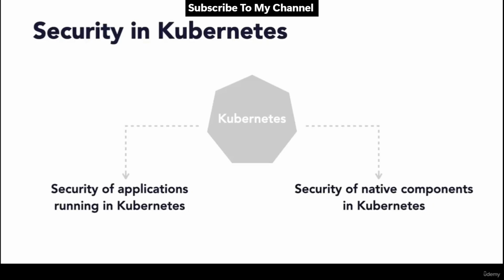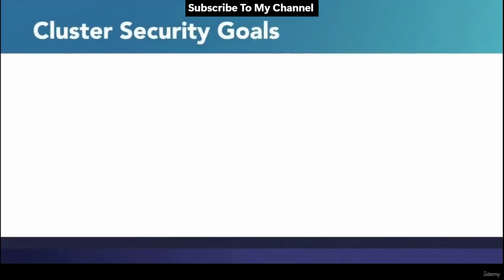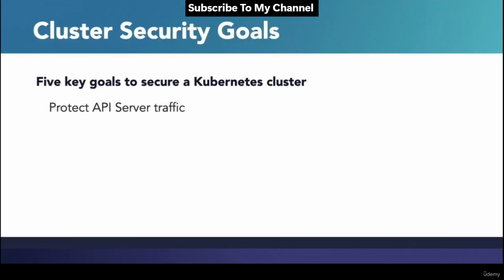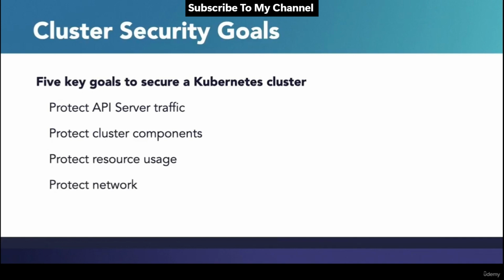But how do you protect them? We have identified few key goals. Protect the API server traffic and the Kubernetes cluster components. Prevent resource overuse. Secure the Kubernetes network. And finally, the secrets. We will look at each one of them.